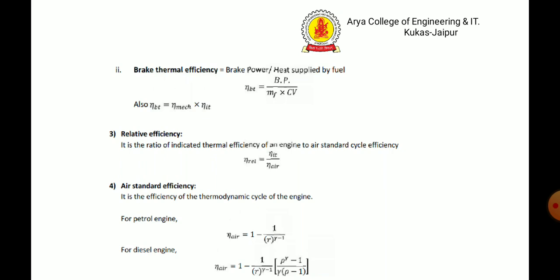For a diesel engine, efficiency equals 1 minus 1 upon R to the power gamma minus 1 into rho to the power gamma minus 1 upon gamma into rho minus 1. So this is the expression for a diesel engine, and the upper one is the expression for air standard efficiency for a petrol engine.